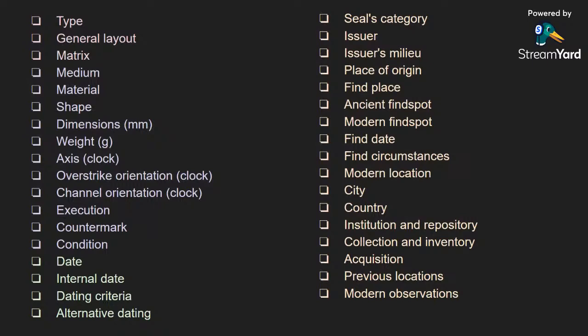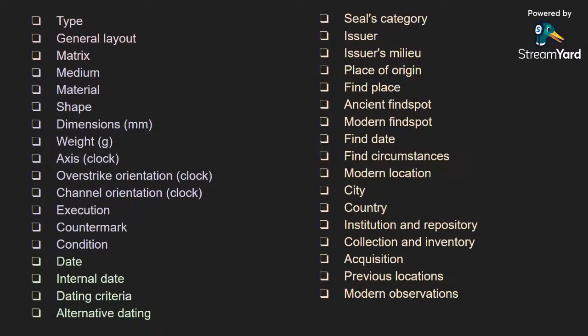So as you have seen in the previous slides, we're talking about mostly a round object with 2 inscribed faces, and we can also talk about its dimensions because they're relevant, and also where it is positioned in conjunction to the document that it was attached to, and do we have also alternative dating? Is there, for example, the mention of a particular emperor, and so on and so forth?